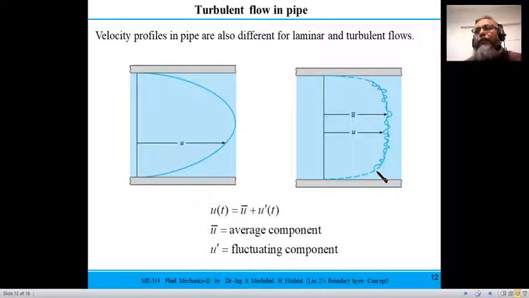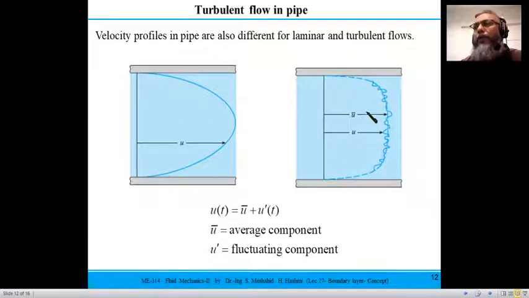And the same thing happens in the wall bounded flows, because we have seen the example of a flat plate which is an external flow, and if it is a wall bounded flow, then you see there is a velocity profile, and if it is laminar, then you have a perfect parabolic velocity profile. But if it is turbulent, then you have some steep gradient, and your actual velocity component would be some function of time which is not stable, but your average velocity is some smooth curve.